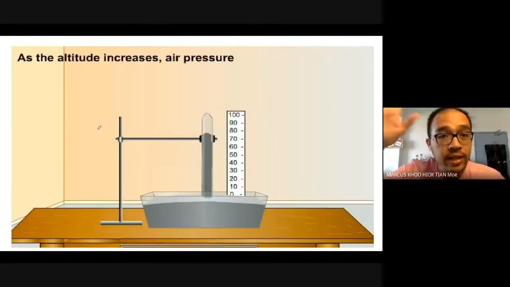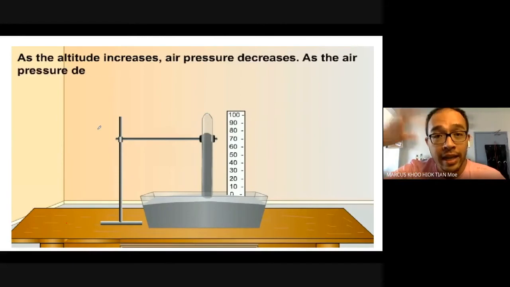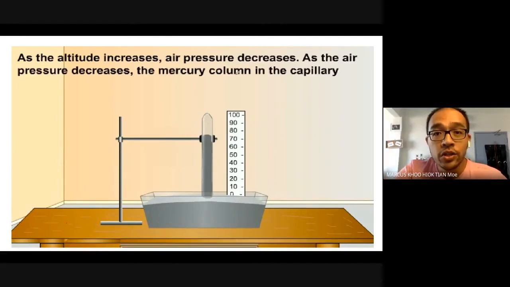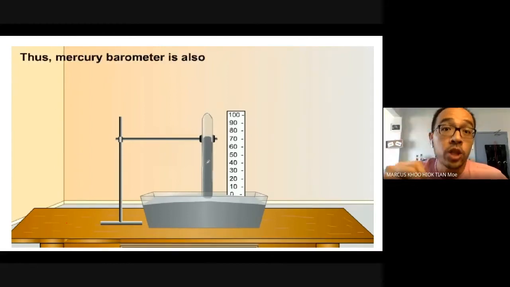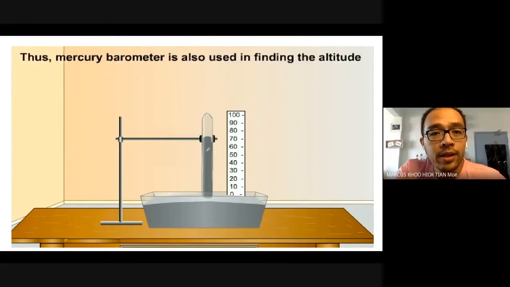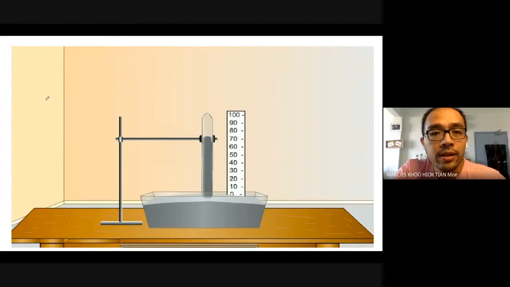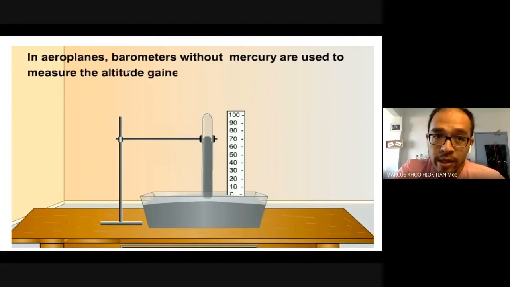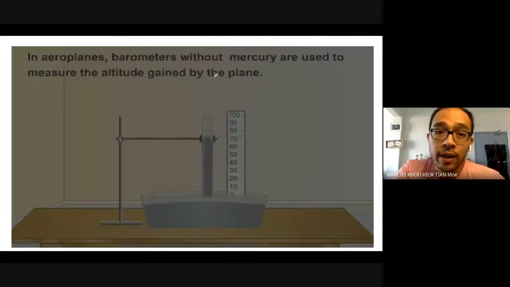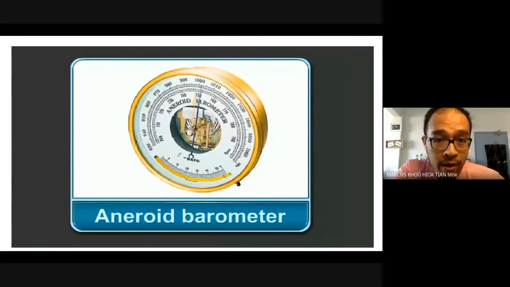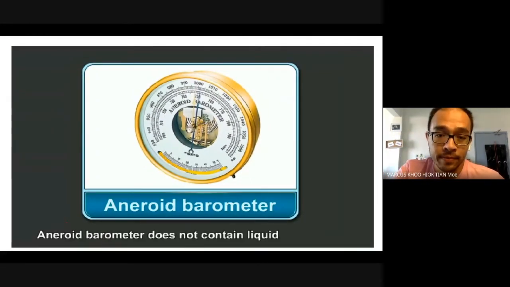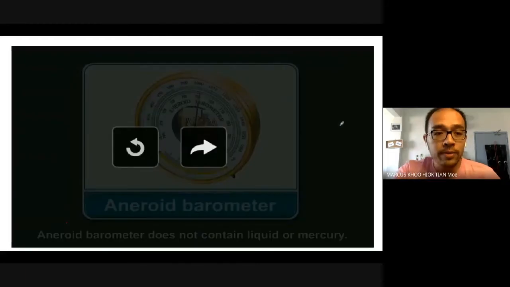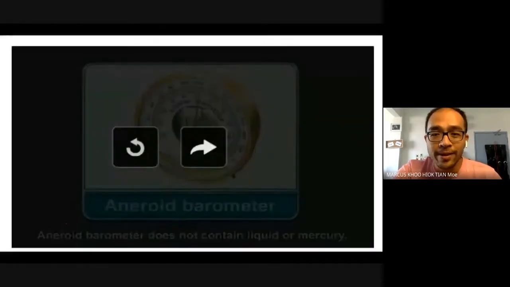When you increase the altitude, there is less pressure, so the mercury column will become lower. In aeroplanes, we use barometers without mercury. This is called an aneroid barometer because there's no liquid inside. There are two types of barometers.